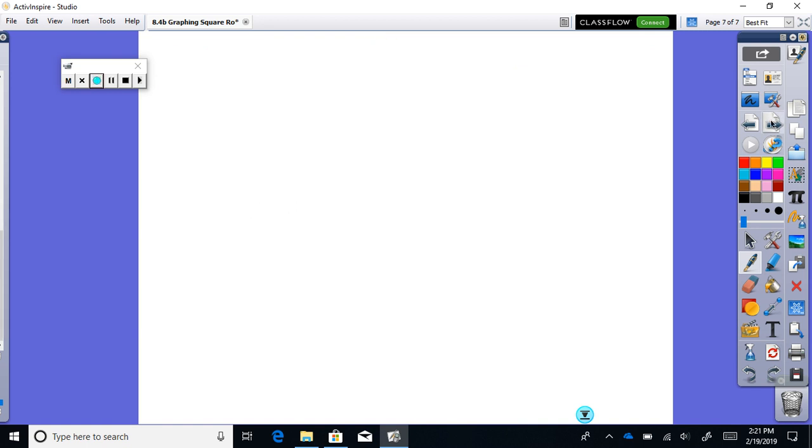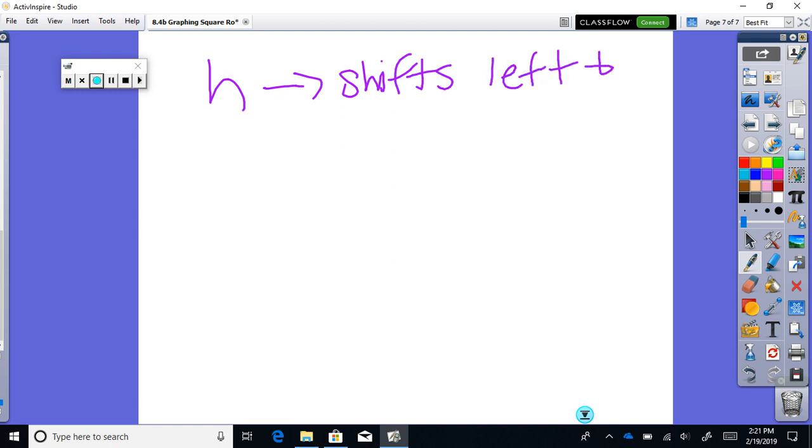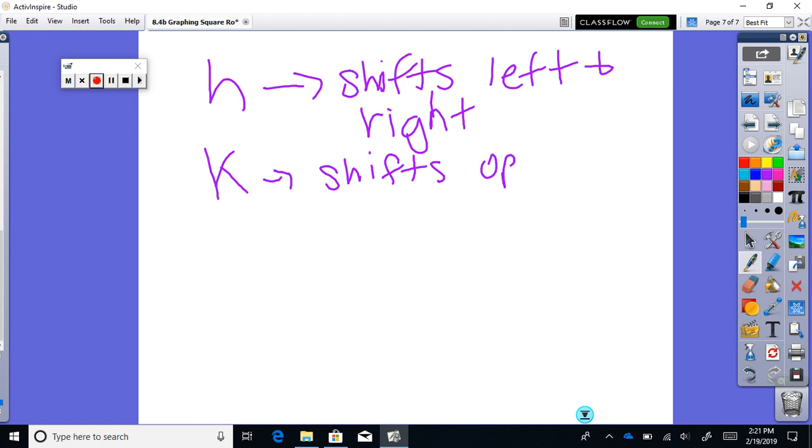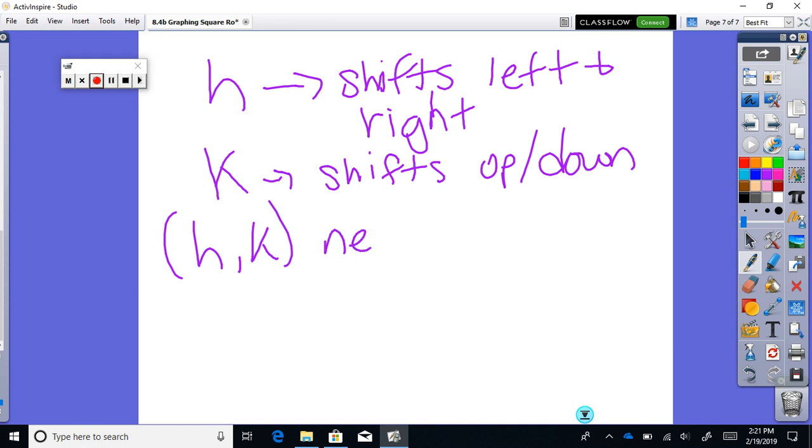Okay, recap here quick. So remember that the h value shifts your whole graph left and right. K value shifts up and down. Use h, k as your new origin, 0, 0 point.